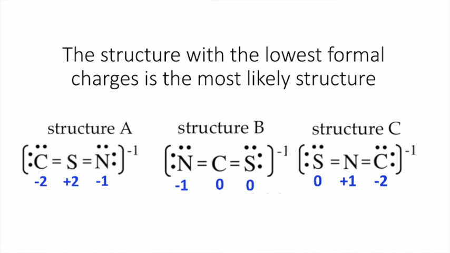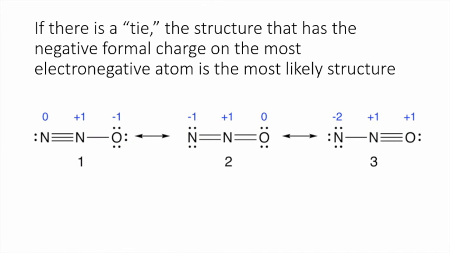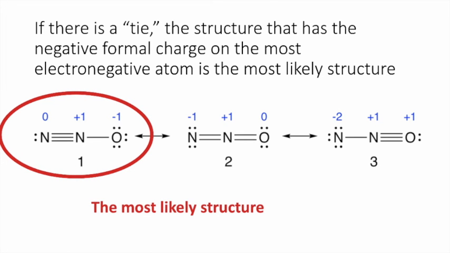The structure that has formal charges that are closest to 0 is going to be the most likely structure. So in this case, structure B is going to be the most likely. If there's a tie, the structure that has the negative formal charge on the most electronegative atom is the most likely structure. In this particular case, we have a -1 on the oxygen atom in structure 1, so that's our most likely structure.